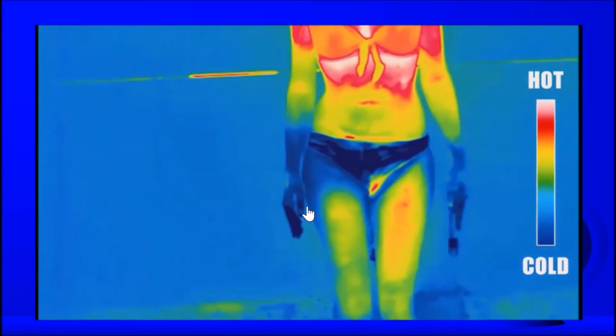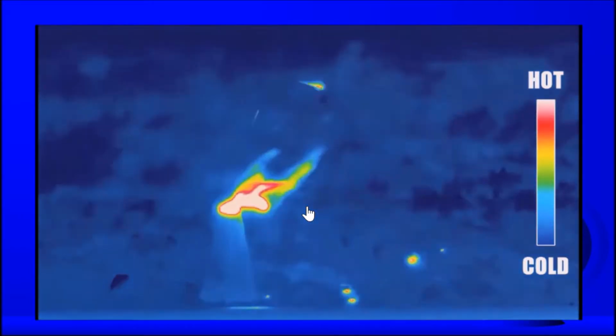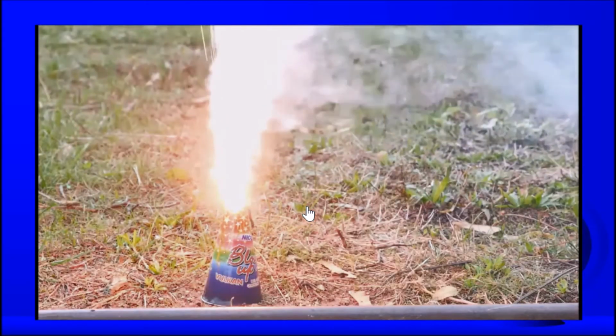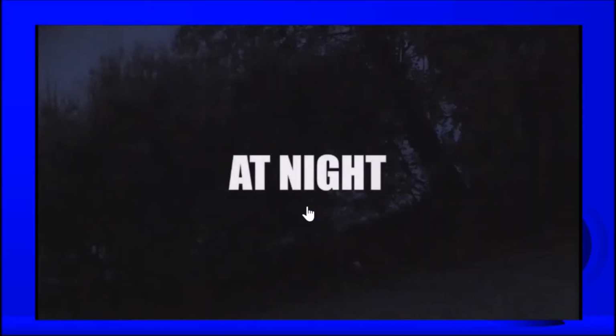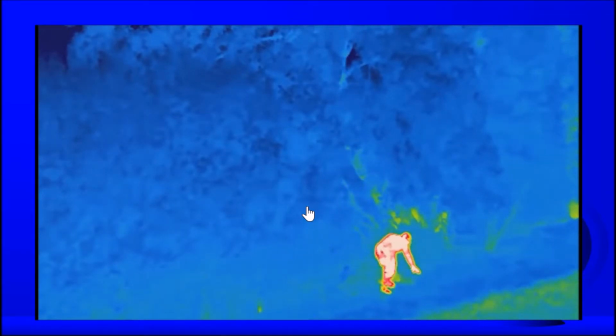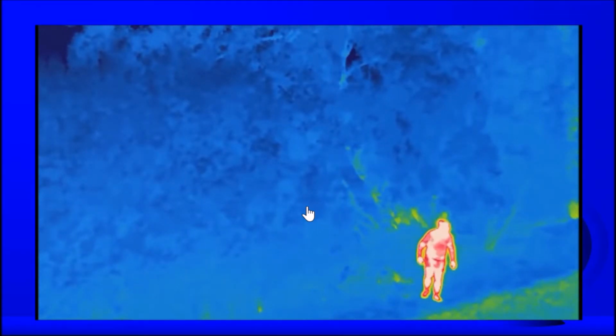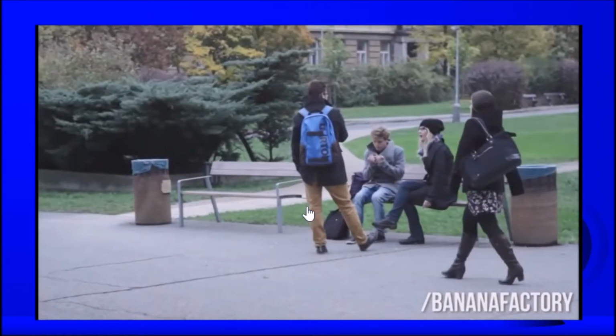This is cold water. Which, of course, leads people to think, what other things could we find with an infrared camera?